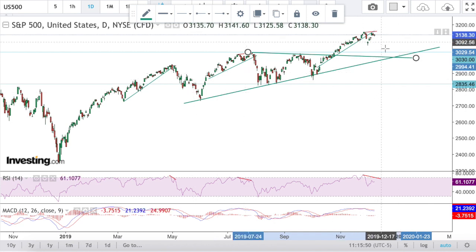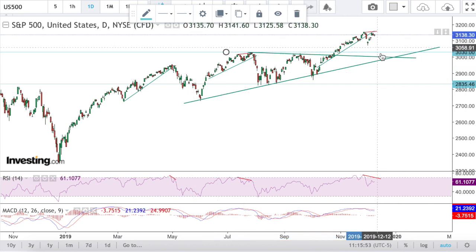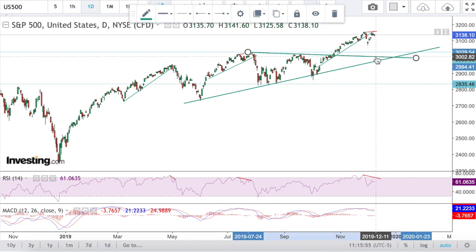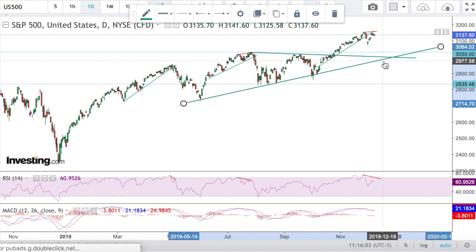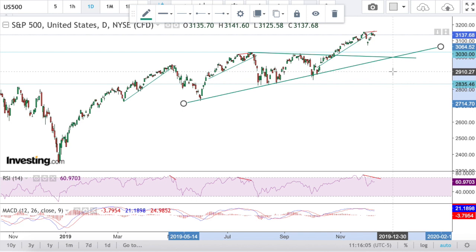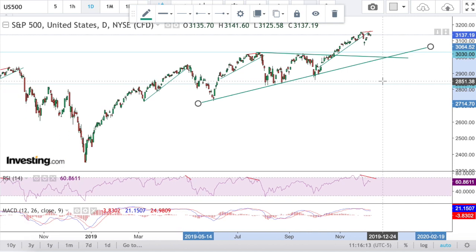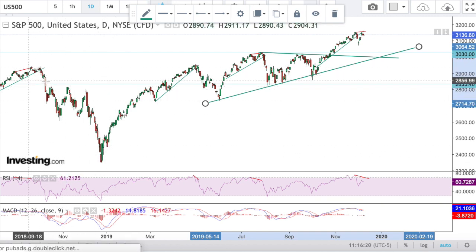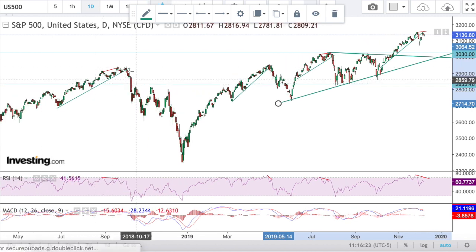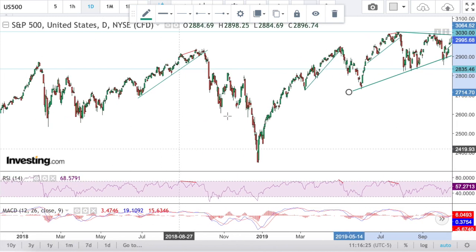But if we do start to break down these support levels and this downtrend line and this golden uptrend line, if we break past this, then we will see waterfall selling past these levels very quickly, and it could very well lead to a bigger correction and possibly a stock market crash leading into 2020, just like we had right here. I guarantee you nobody was expecting this type of correction back in 2018.